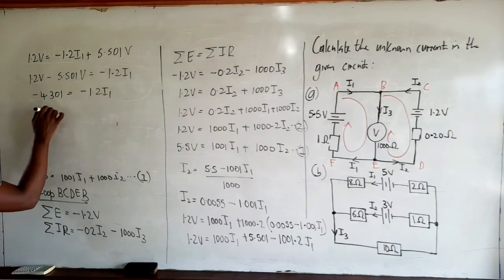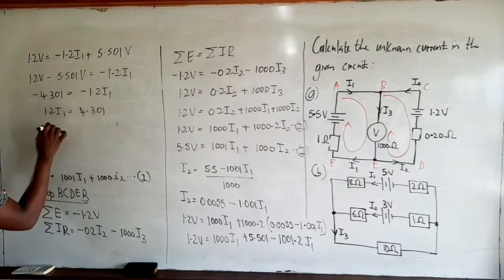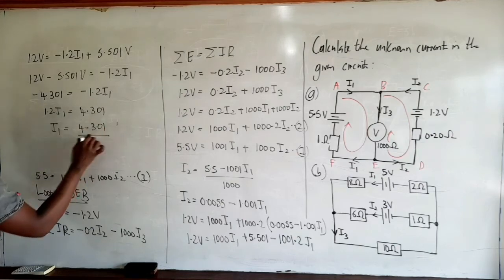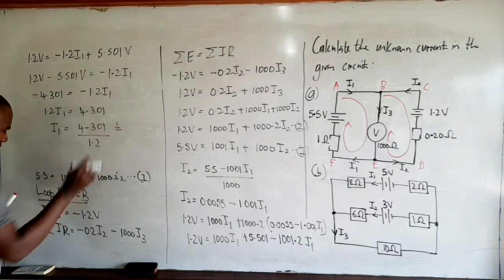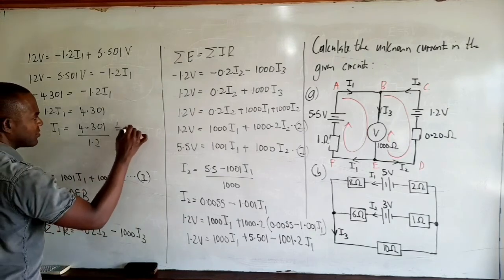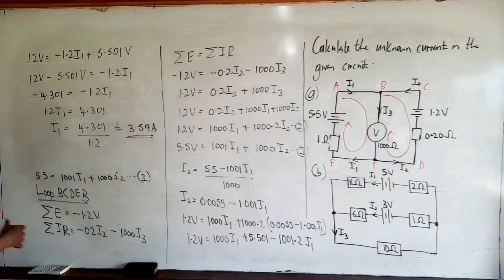And so 1.2 I1 is equal to 4.301. And so I1 is equal to 4.301 divided by 1.2. And that gives us 3.59 amperes. So we get that I1 is equal to 3.59 amperes.